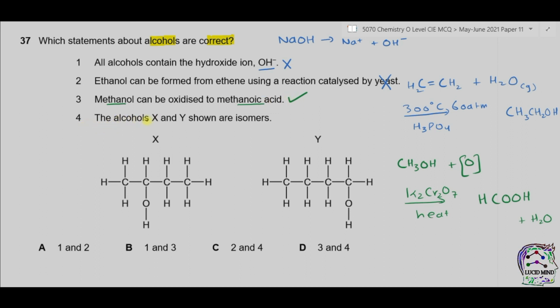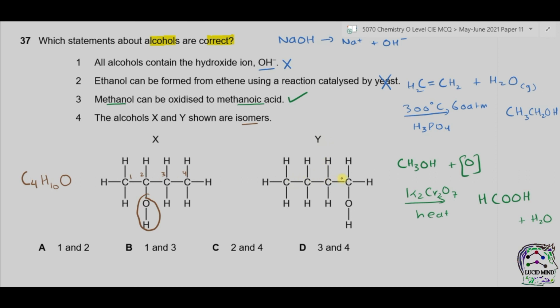Part 4. The alcohols X and Y shown are isomers. Isomers means having the same formula but different structures. In the first one we can see we have 4 carbon atoms, so it is C4. We have 10 hydrogen atoms, 1 oxygen atom, and OH is connected with the second carbon.